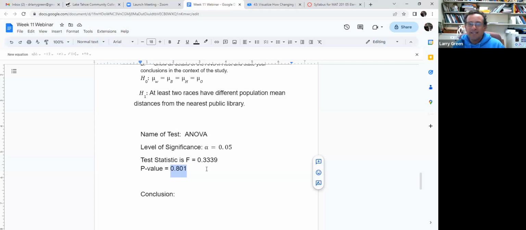When you have an ANOVA test, it's just right-tailed. And that is just, are they all the same? Or are they not all the same? Okay. And you can never say they're all the same. You can only say there's insufficient evidence to show they're not all the same. Any questions at all on this so far? Okay, what's the conclusion? At least how does it start?